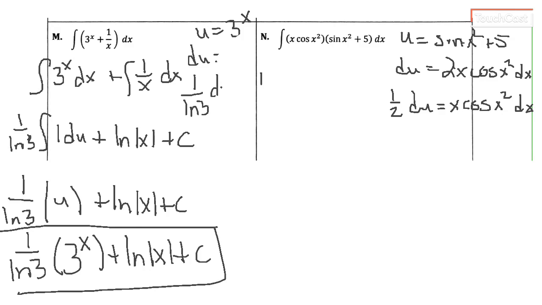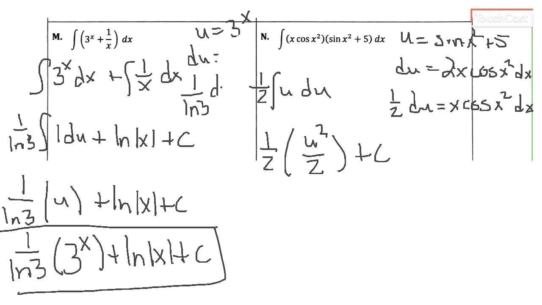So I'm going to write 1/2 the integral of u du. So I'm going to increase my power on u, so I'm going to first write 1/2 times u squared over 2 plus c, and now I'm going to replace u. In fact, before I replace u, I'm going to rewrite this as u squared over 4 plus c.